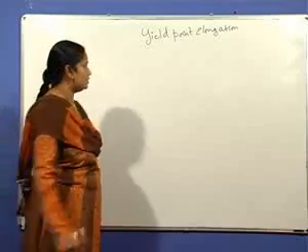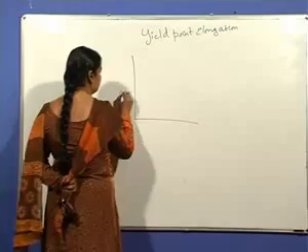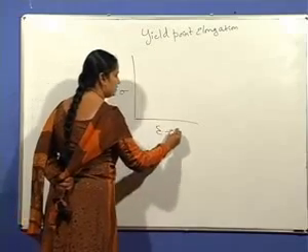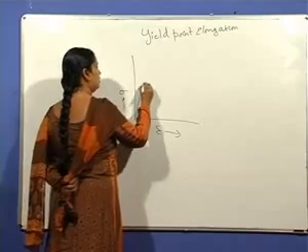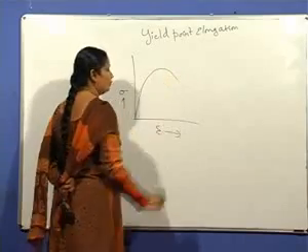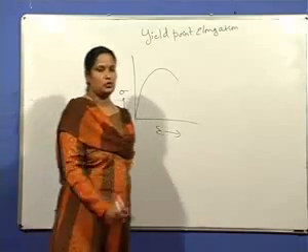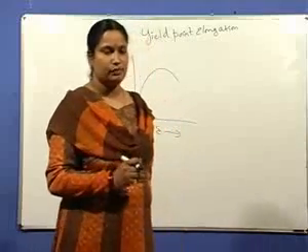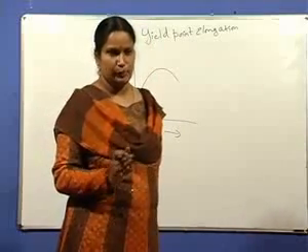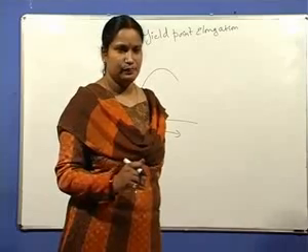The normal stress strain curve that we have discussed in the initial class, stress versus strain, this is a normal curve. We have discussed the various portions of the stress strain curve: the proportional limit, elastic limit, yield point, beyond which the material deforms plastically.